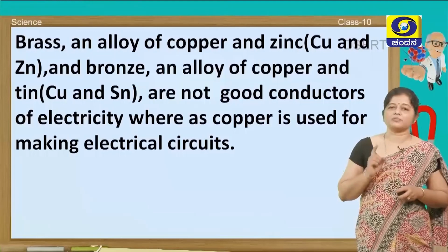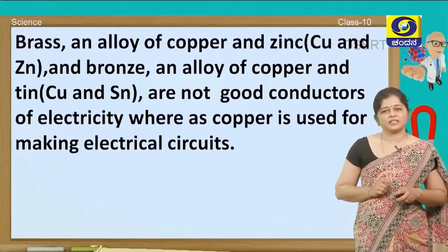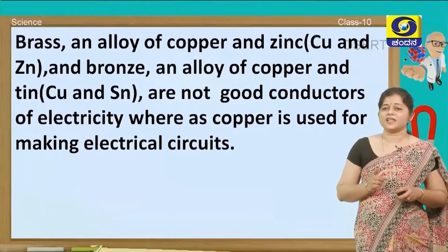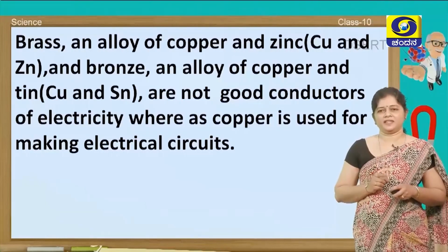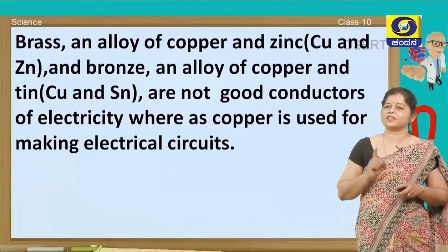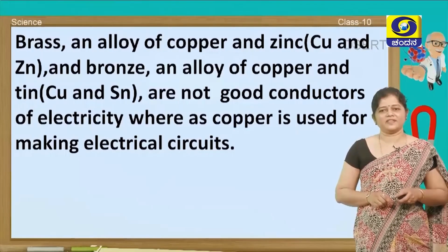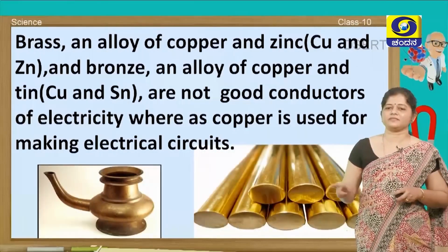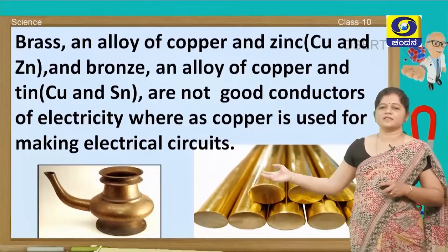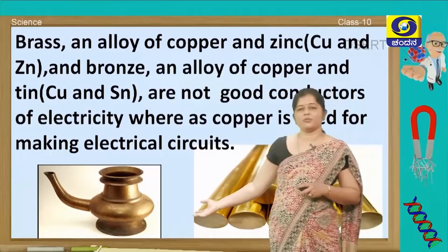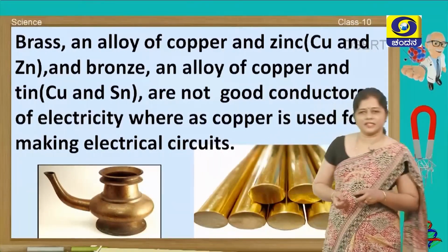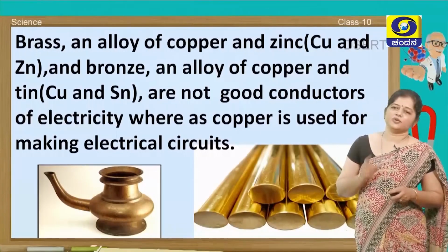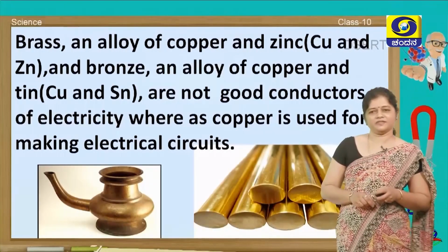But brass and bronze are not good conductors of electricity, though they contain copper metal in them. They are alloys of copper, but they are not good conductors of electricity. See here, this is brass and this is bronze. Both of them are not good conductors of electricity, though copper is a very good conductor of electricity.